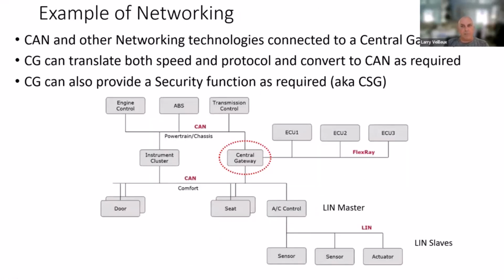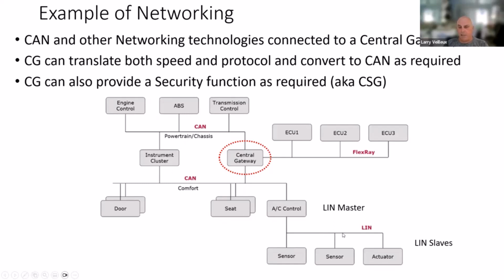Now, here's some examples. A car doesn't have just one CAN bus. Typically it has multiple ones. I think in the project you're working with, I identified somewhere in the neighborhood of 8 different CAN buses, as well as other technologies, like I mentioned earlier, FlexRay, if more security is required, and LIN, which operates a little bit differently. For one thing, it's a single wire. I know these all look like single wires here, but all the CAN buses, for instance, are dual wires, CAN high and CAN low.